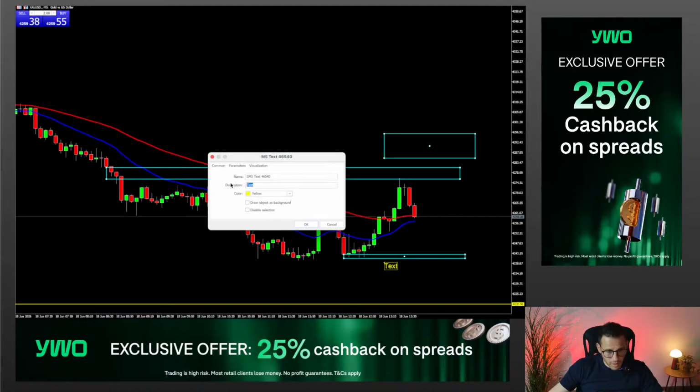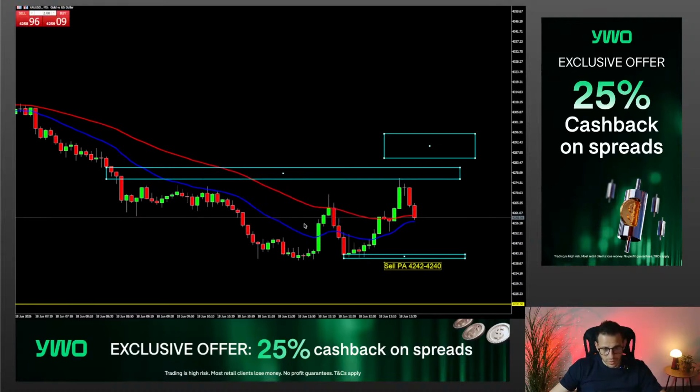Sell 42, 42, 42, 40. Price action always is, it's important to watch price action.